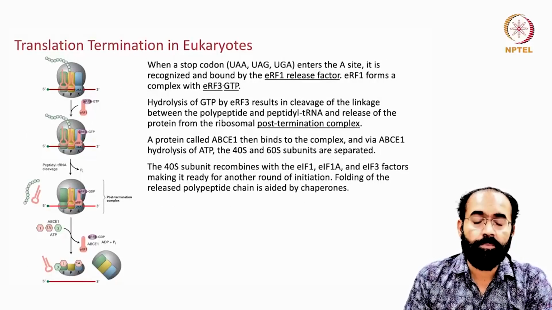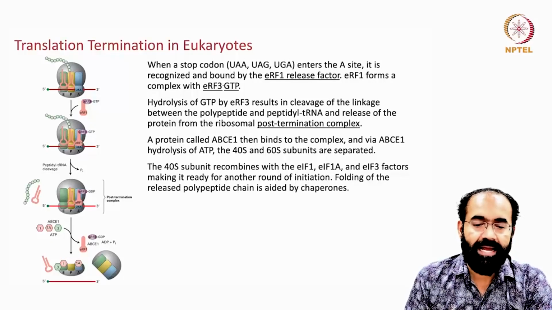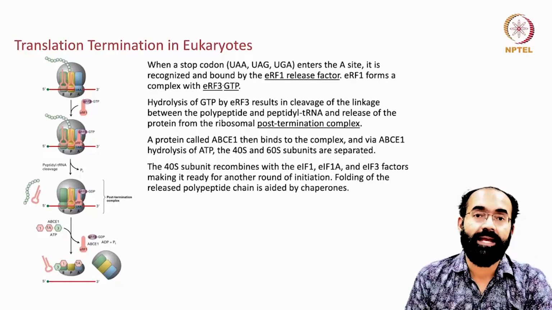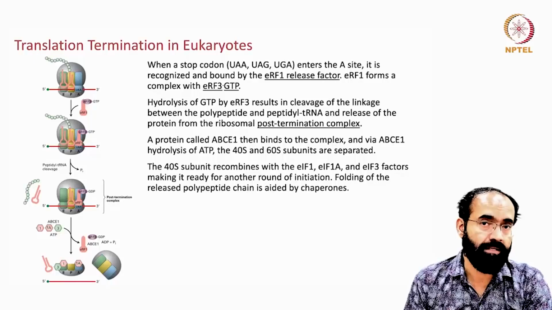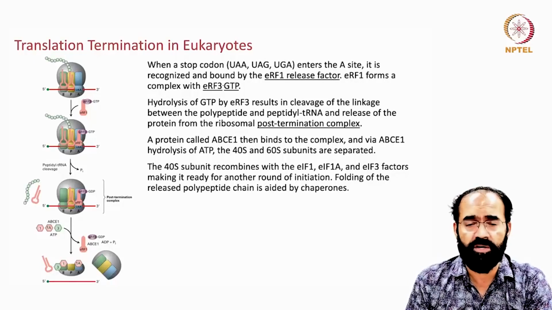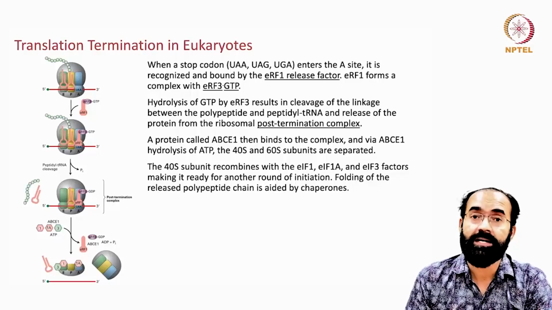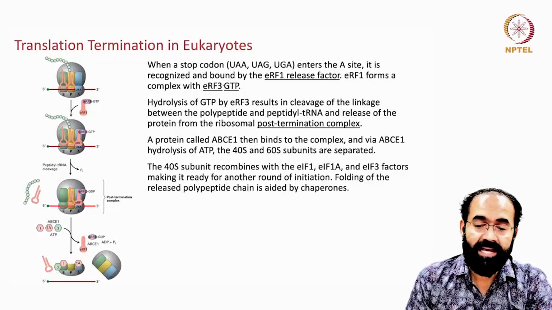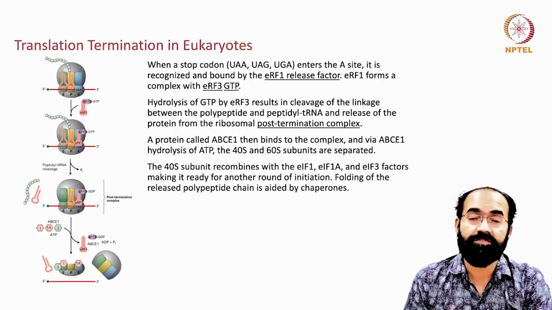So when stop codons such as UAA, UAG, UGA enter the A site, no tRNA can come, because no tRNA has the anticodon corresponding to the stop codons. So you end up getting an eRF1 release factor, and eRF1 forms a complex with eRF3 GTP.